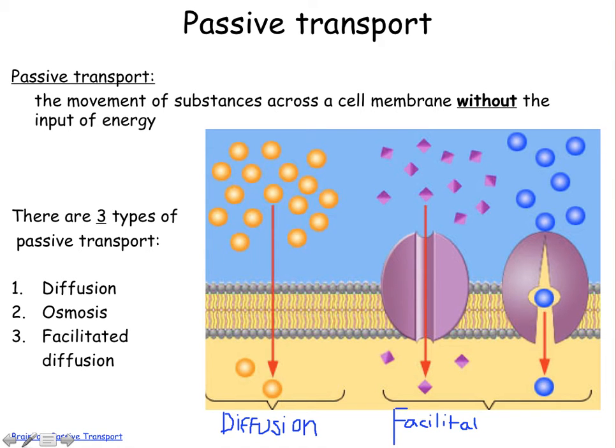And you can see that what makes these 2 pictures different than the first picture is that they are using the assistance of a transport protein, either a channel protein, like the first one you see there, or a carrier protein, to help the molecules across the membrane.